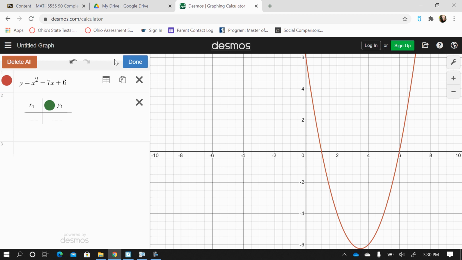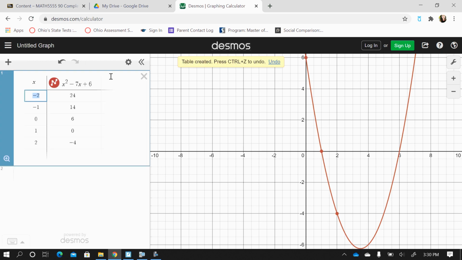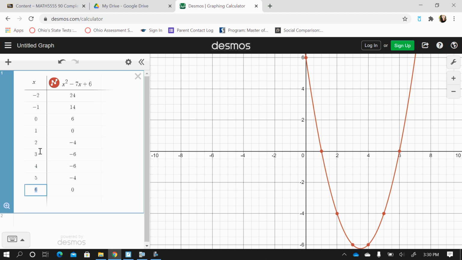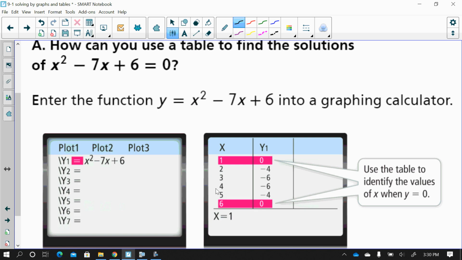All right, so what you can do, if you click on the wrench here, you can change it to a table. Notice it gives you the values. If you don't like what you see, you can just keep going. Oh, look, and there's 0 right there. Notice it actually gives you the points as well. Okay, so that's the table.